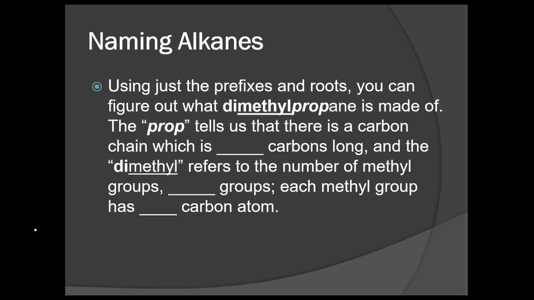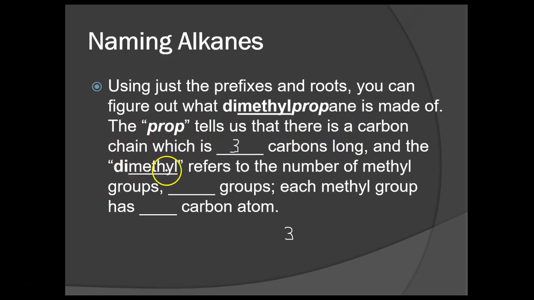Using just the prefixes and roots, you can figure out what dimethyl propane is made of. Okay, break it down. Here is our root, prop. Prop means 3. We'll explain what ane means in a second. So prop tells us that there is a carbon chain which is 3 carbons long.